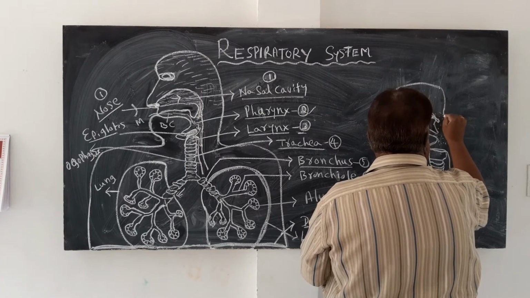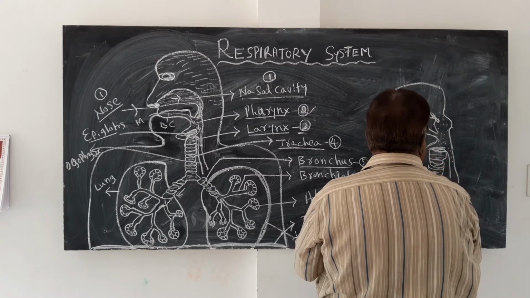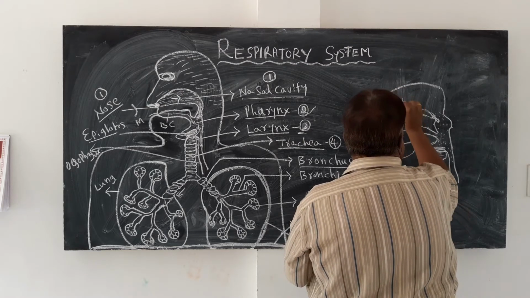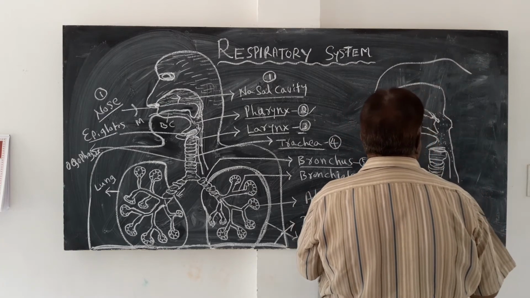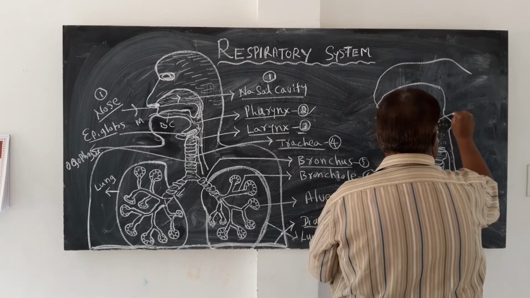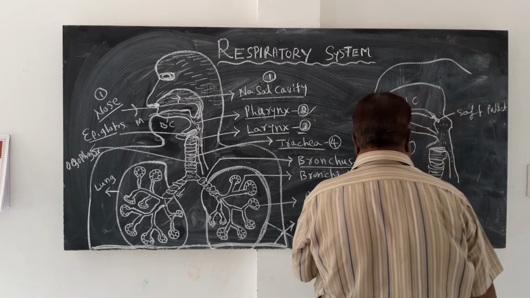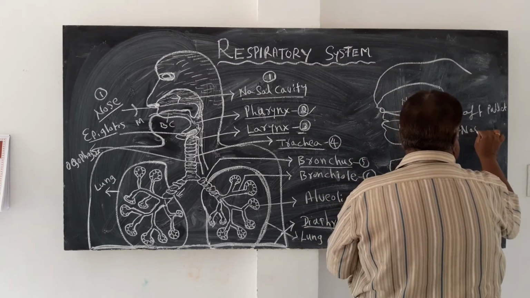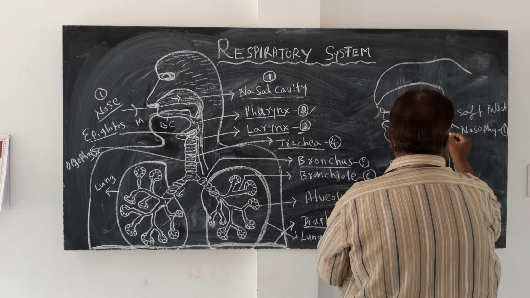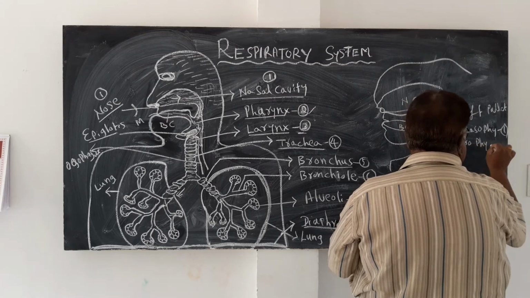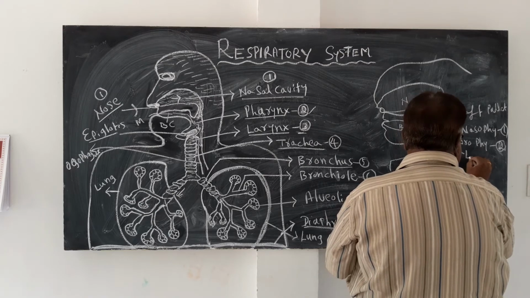Now, this is the pharyngeal region, this is epiglottis, this is buccal cavity, nasal cavity, soft palate, this is nasopharynx, this is oropharynx, there is laryngopharynx.